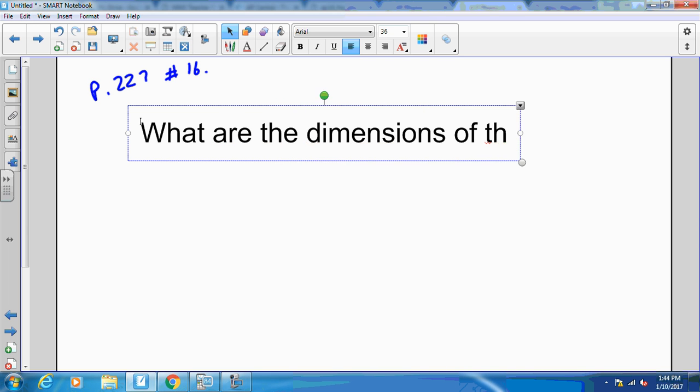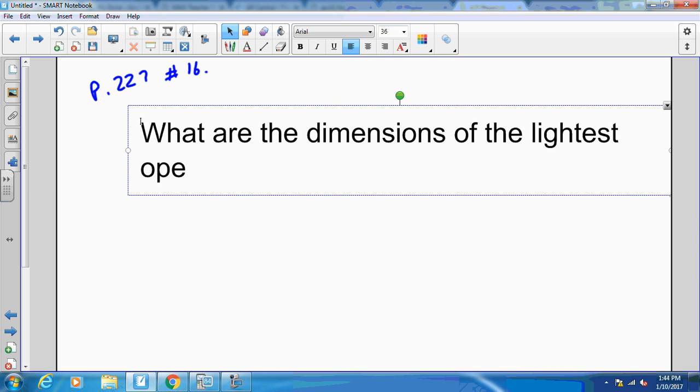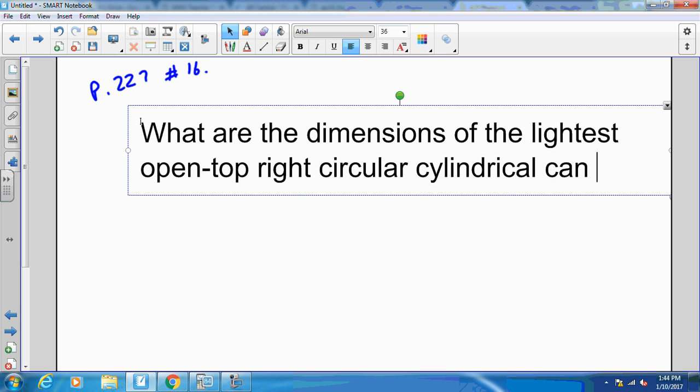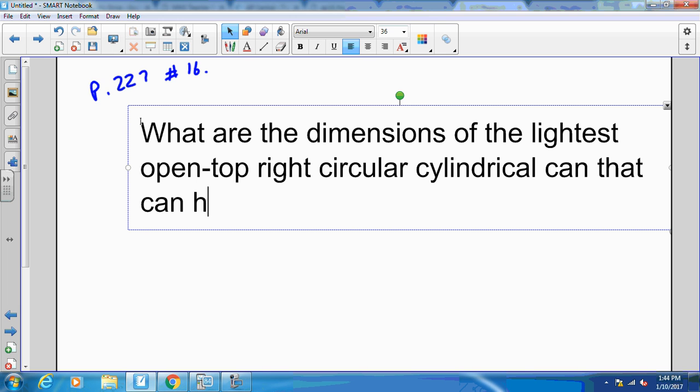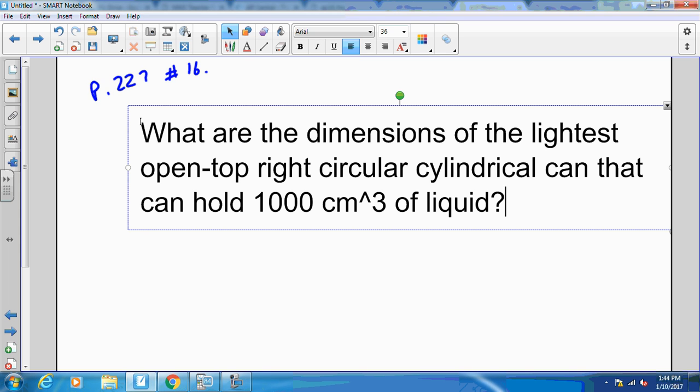What are the dimensions of the lightest open top, how do they describe this? Right circular cylindrical can that can hold 1,000 centimeters cubed of liquid. And that's the whole question.